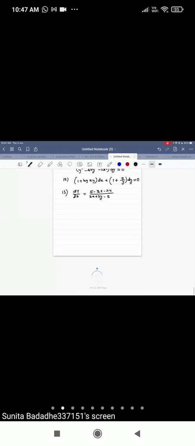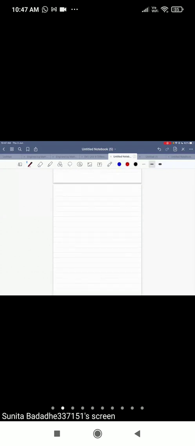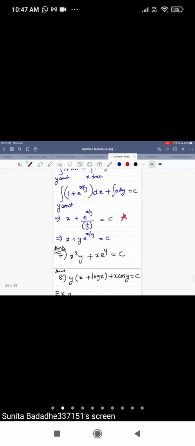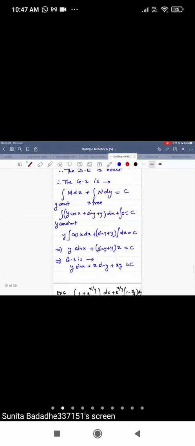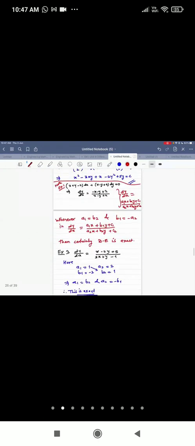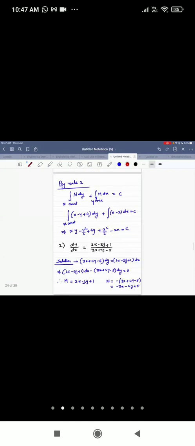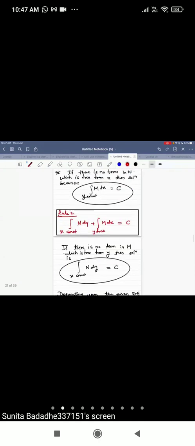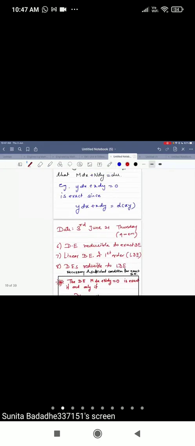Okay, so now we'll start the next type of example. What was the type number here? Let me see the number. Exact differential equation is number 5. Now number 6 we have to start.